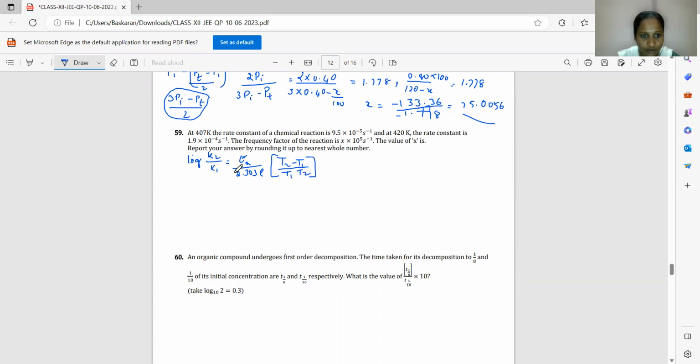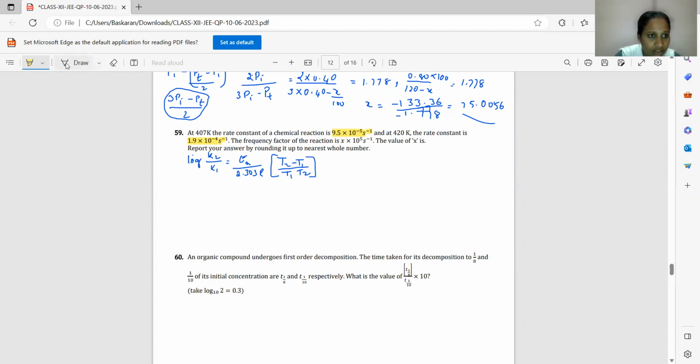Okay. Now substituting the values. What are the values that are being given? Look at this. This is the rate constant, that is K1, and K2 are being given. Now substituting the K2 value, the K2 value is 1.9 into 10 power minus 4 second inverse, and K1 value is 9.5 into 10 power minus 5 second inverse, and T2 is 420 Kelvin and T1 is 407 Kelvin.